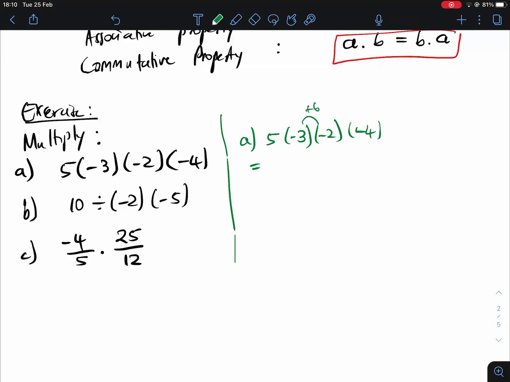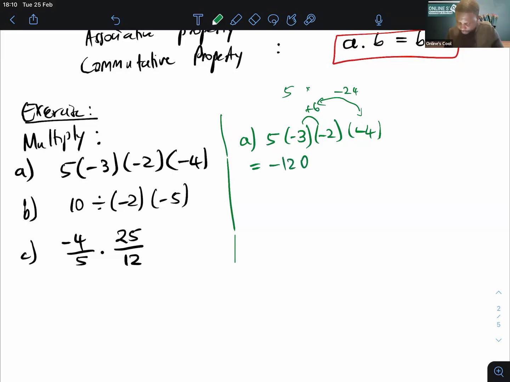And then I multiplied 6 with -4, which is -24, and then with 5. I got negative 120. Okay. Do you understand it, Pumela? Yes.